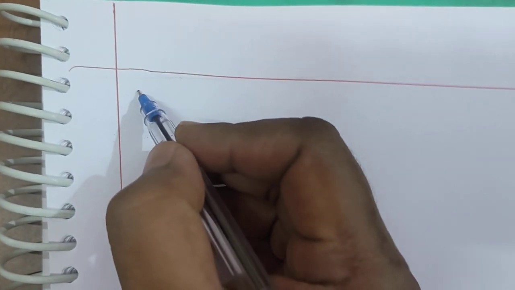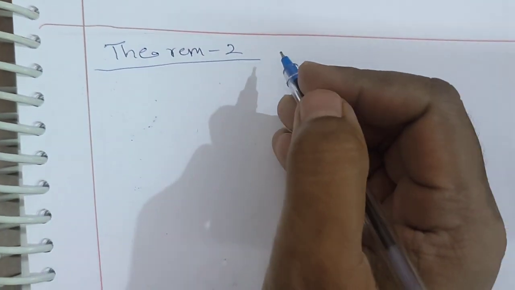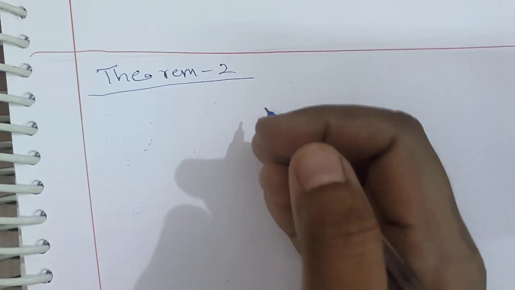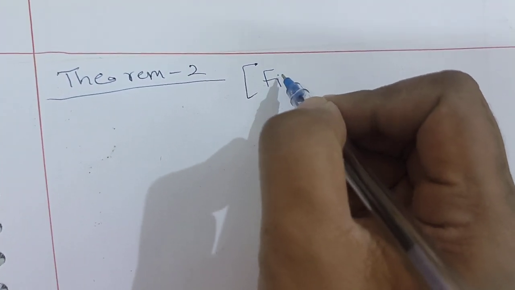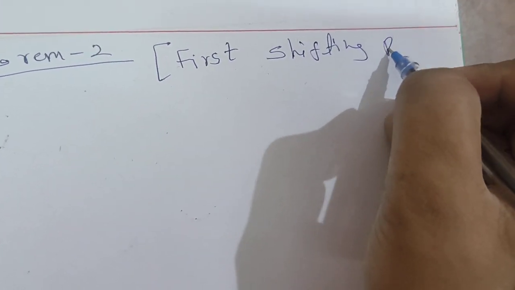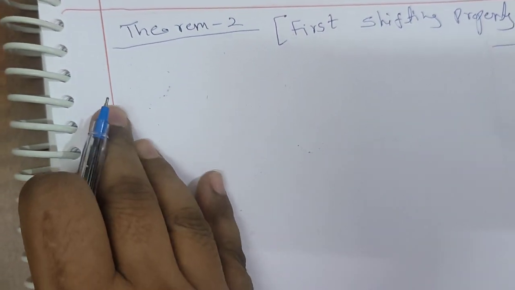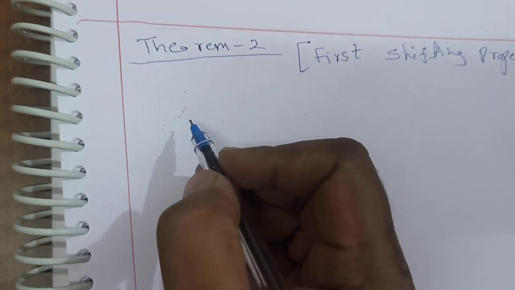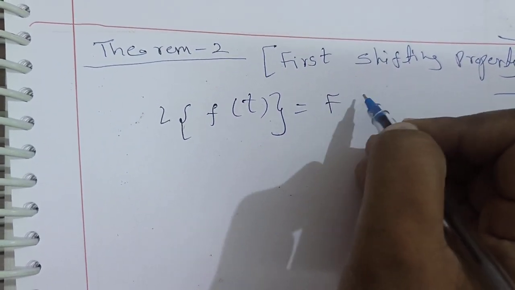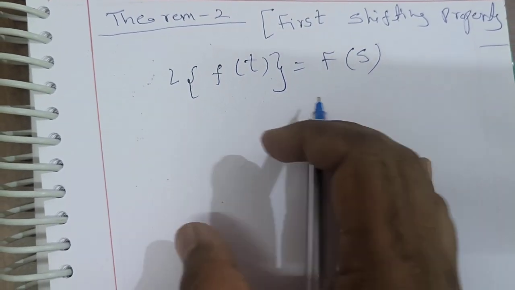Second property, theorem 2. This property is known as the first shifting property. So in this property we are taking L of f of t is equal to F of s. By the definition of Laplace transform, we have this condition L of f of t is equal to F of s.